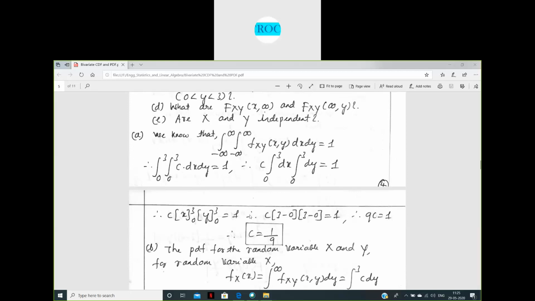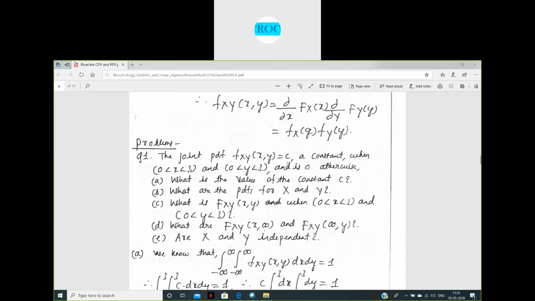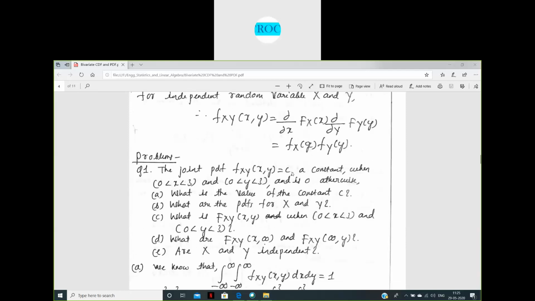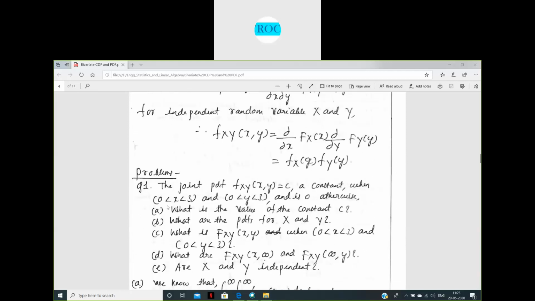Now we know the formula: the volume under the PDF is equal to 1, so the integral from minus infinity to infinity, minus infinity to infinity, of the bivariate PDF dx dy is equal to 1. What are the limits? 0 to 3, 0 to 3, and this bivariate PDF is given as c.